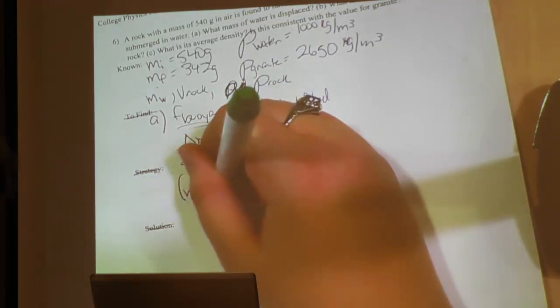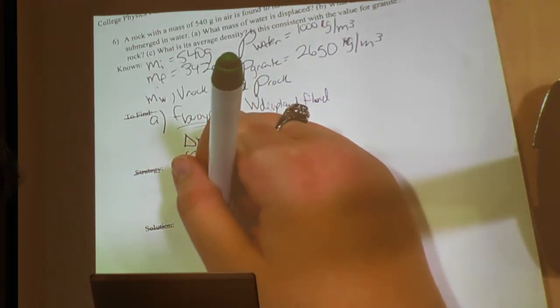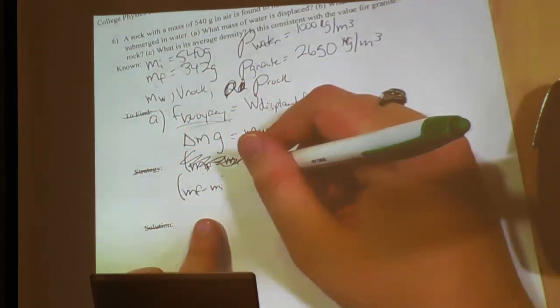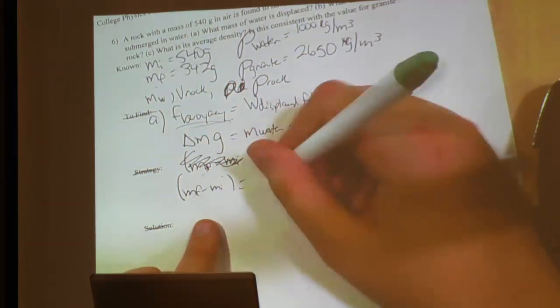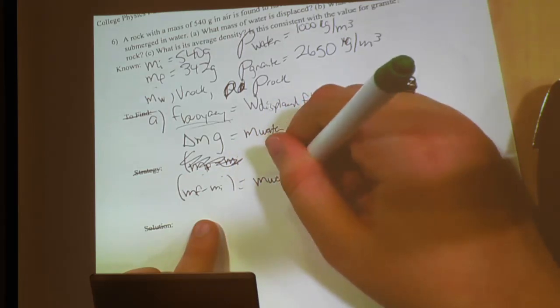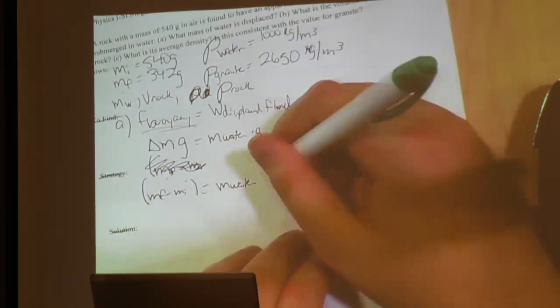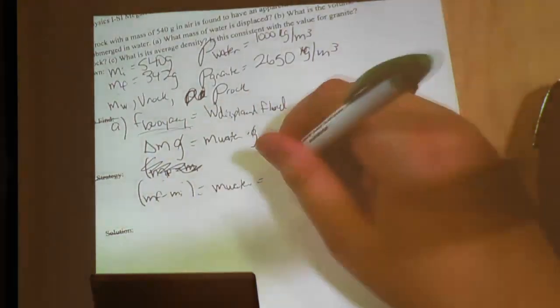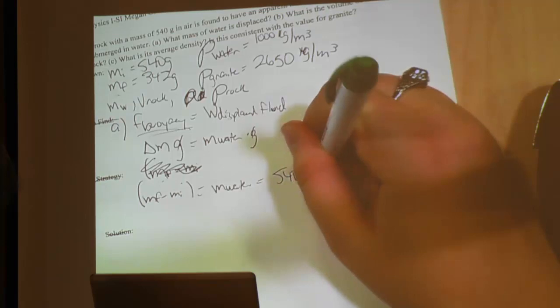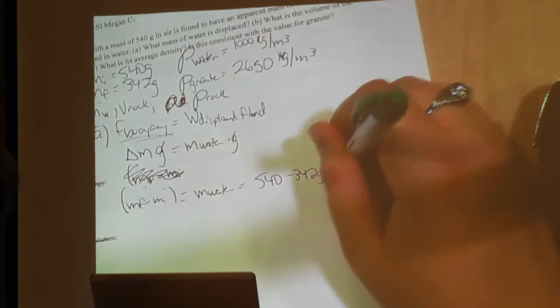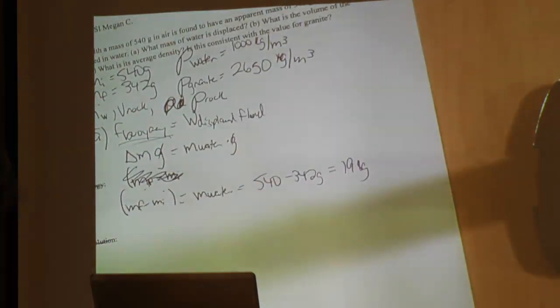All right, so it should be mf minus mi, is equal to the mass of the water. This is going to be equal to, because we canceled out the gravity since it's the same on both sides. All right, 540 minus 342 grams is equal to 198 grams. I think that's where I screwed up.